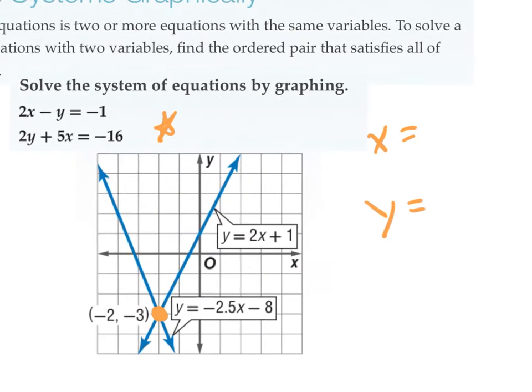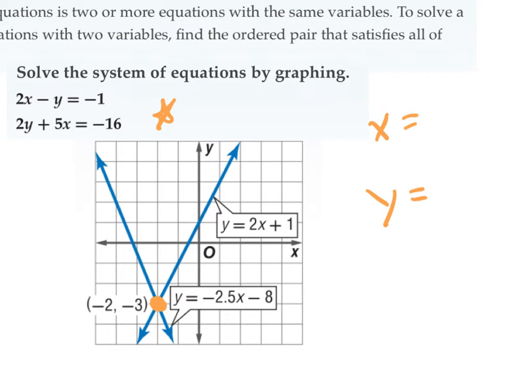So this point where it intersects, what point is that? It says it there. -2, -3. So what's our x equal to? Remember, x is the first one, so x is equal to -2. What's our y? -3.